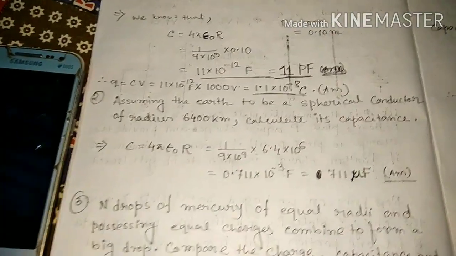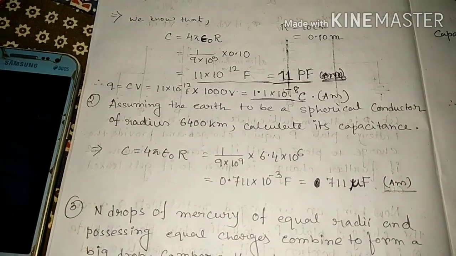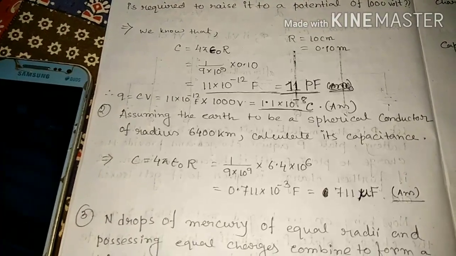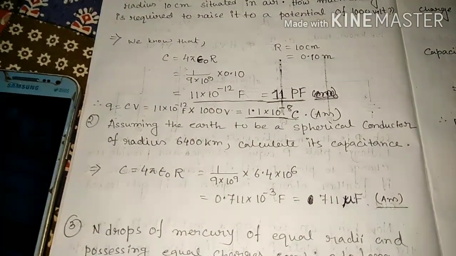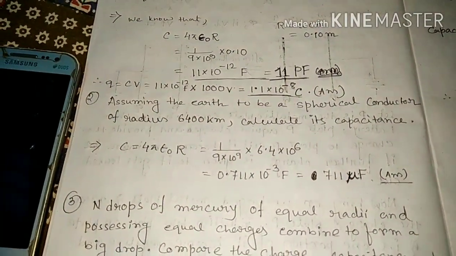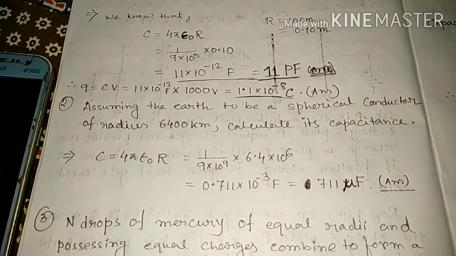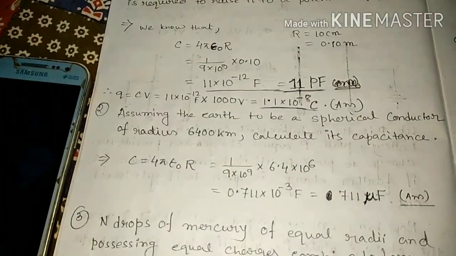Next, assuming the earth to be a spherical conductor of radius 6400 km. Why do we assume this? We know that earth is a magnet and has its own magnetic field. But for problem purposes, here we assume that the earth is a spherical conductor of radius 6400 km. Now we calculate its capacitance simply because it is a spherical conductor.